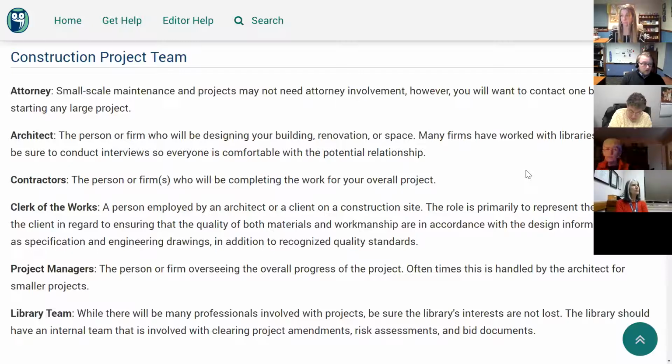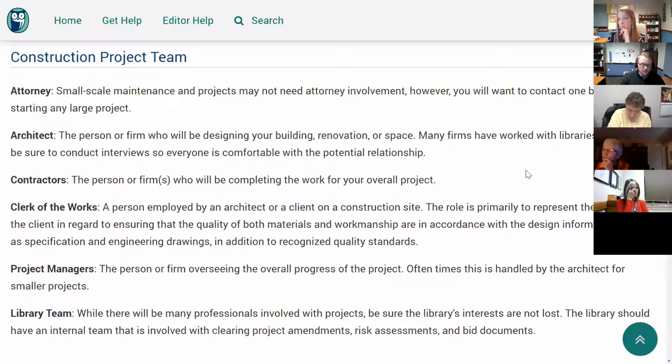The next one on the list is an architect. So this is going to be the person, group, whatever, designing your building, renovation, or space. There's a whole history of various architects who have worked with libraries in the past. And I would caution everybody, as you are going through the interview process of looking at architects, to have your director reach out to other directors across the system to get some opinions on them, because the peers that we have across the system have all kinds of working relationships with various architects.